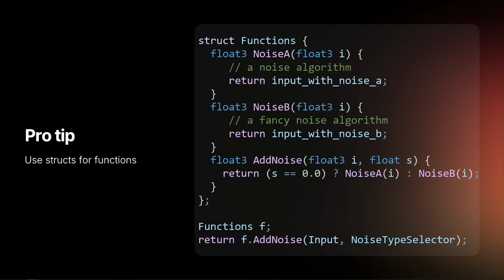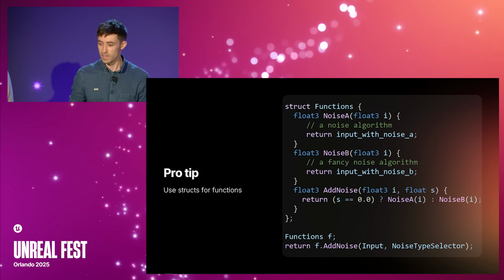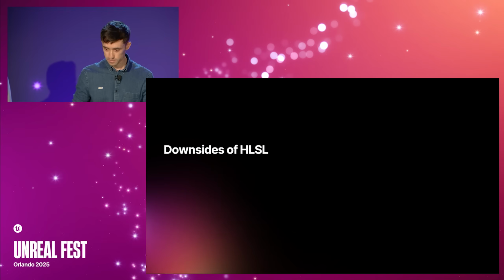So here is a very, very quick, simple example. You have some input, like a 3D UV set, for instance, and you want to add noise to it. Well, now you can throw in a noise type selector, and if that selection is 0 or not 0, you get 2 different types of noises. Again, here, you should probably not pass in a float through all of these. You pass in a uint or something, but the functions are the takeaway from this.